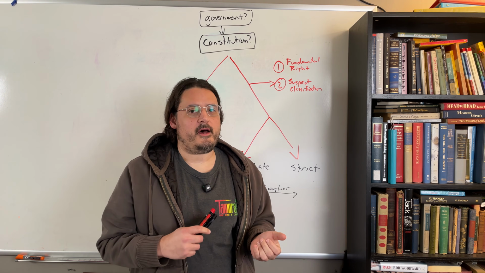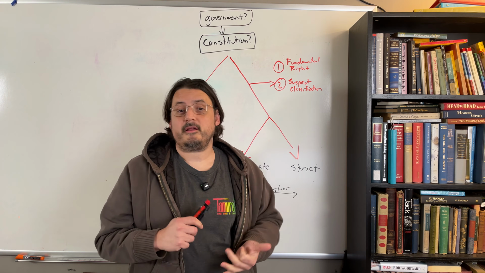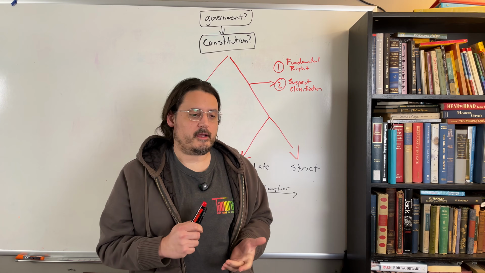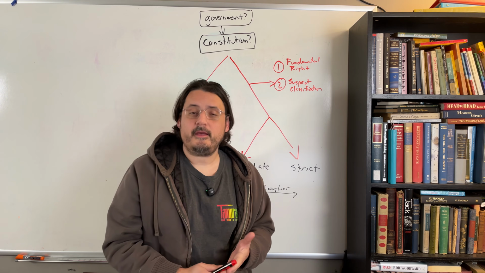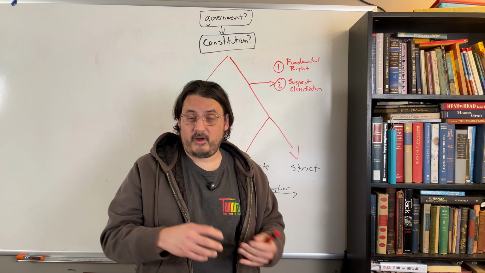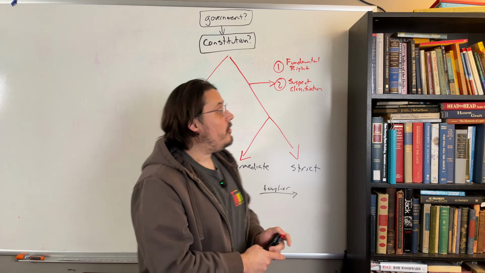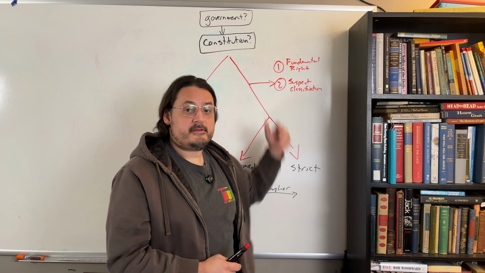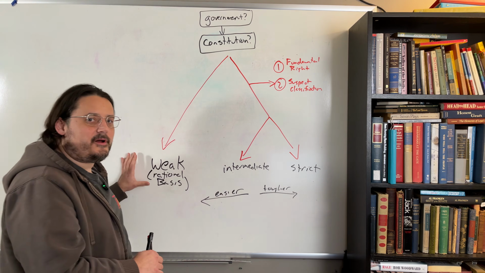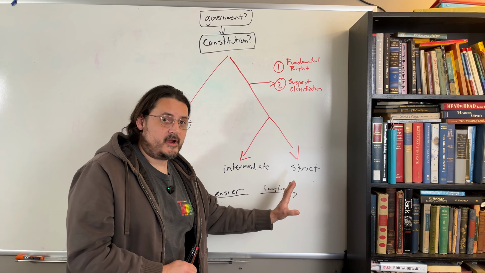These include classifications based on race, classifications based on gender, classifications based on legitimacy of your birth, classifications based on nationality, things like that. So any of these suspect classifications, which are the ones that the Supreme Court has recognized have been problematic in the past, or the fundamental rights, the ones that are listed in the Constitution, get us pushed out of weak rational basis scrutiny over into intermediate or strict.